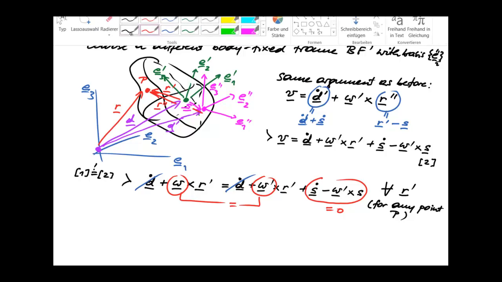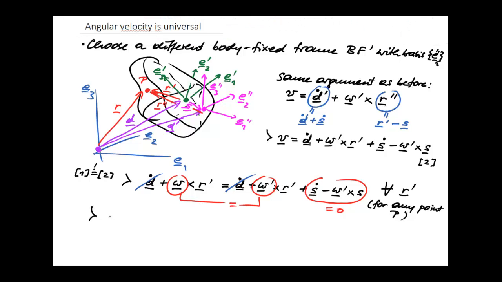So we have two conclusions. The first conclusion is that omega primed must equal omega, and hence, as I had said at the beginning, the angular velocity vector that characterizes the motion of the alternative body fixed frame relative to the inertial frame is the same as the angular velocity vector for the original body fixed frame.